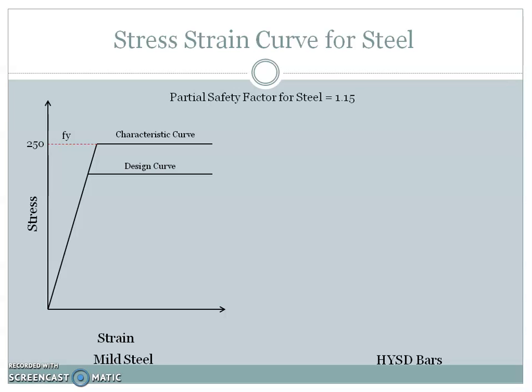The partial safety factor for concrete is 1.5 and for steel is 1.15. So we need to consider this factor of safety for design purposes. So finally, the design stress will be fy divided by 1.15, which is equal to 0.87 fy. So the design stress will be equal to 0.87 fy.